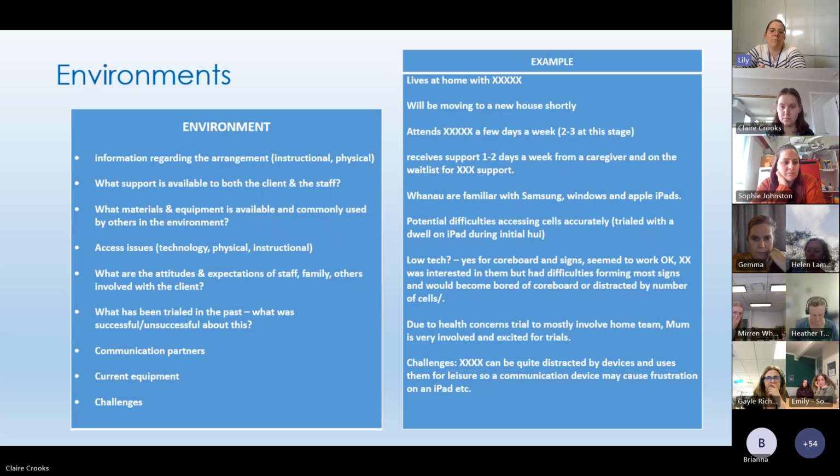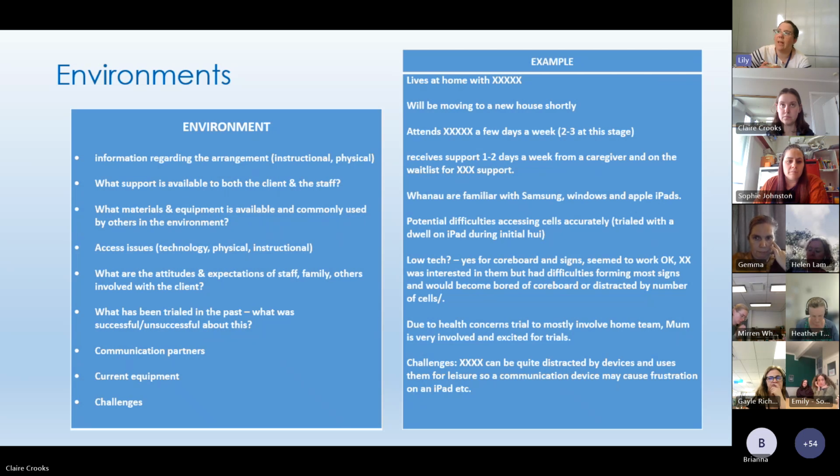But also the people who are in the environment: what are their skills and knowledge of using AAC? How open are they to the use of alternative ways for communication? Is there anything about the environment that makes it really tricky for certain things to be used?